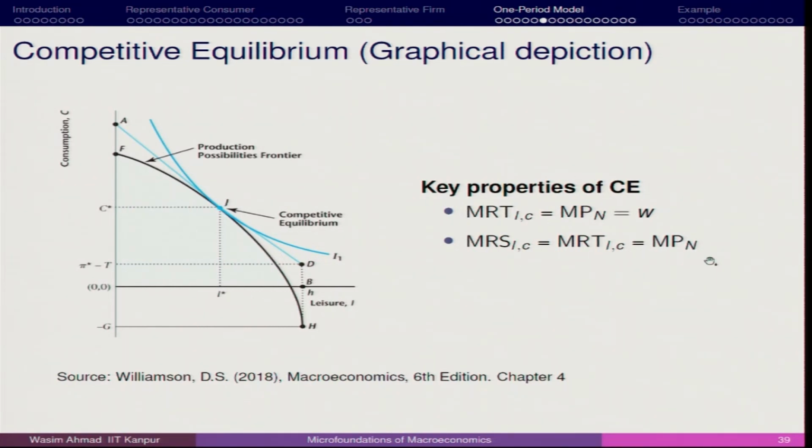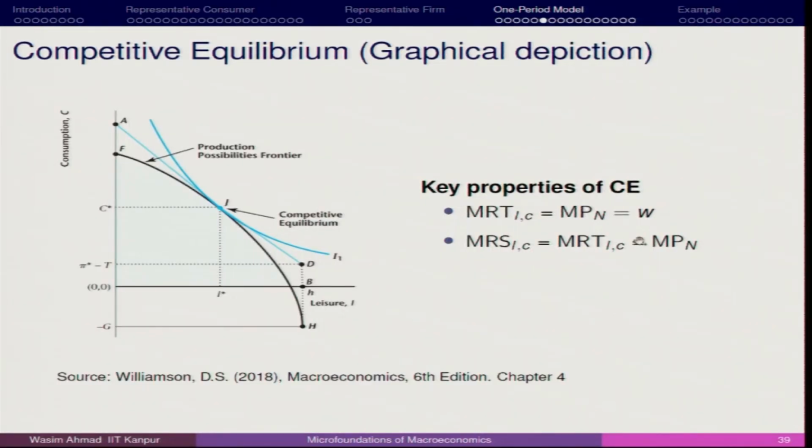If you have MPN greater than W, you will have more labor demand. If you have MPN less than W, then you have less demand. So it works in this direction.